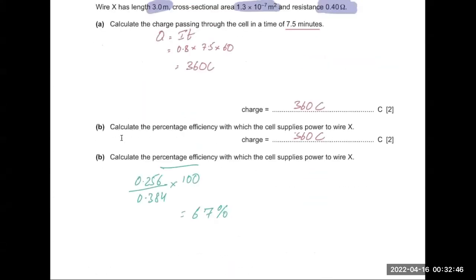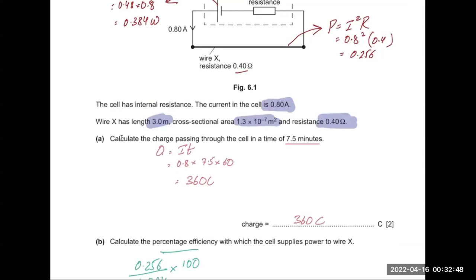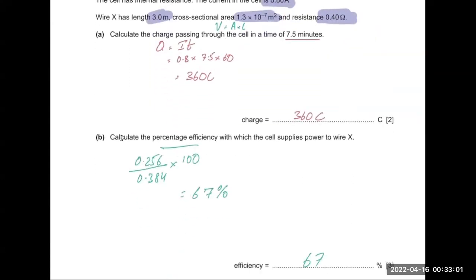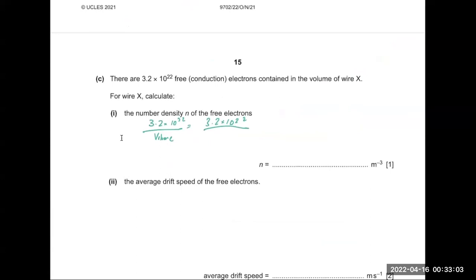Let's see, what do we have here? We've got the cross-sectional area in meter squared. You've got the length in meter. Area multiplied by length gives you the volume. So 3.2 into 10 raised to the power 22 divided by area multiplied by length.